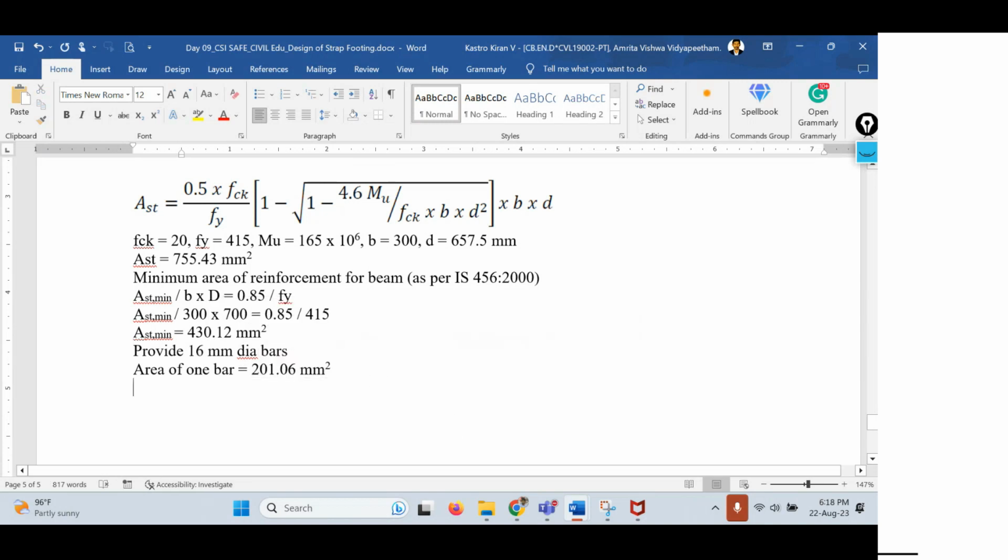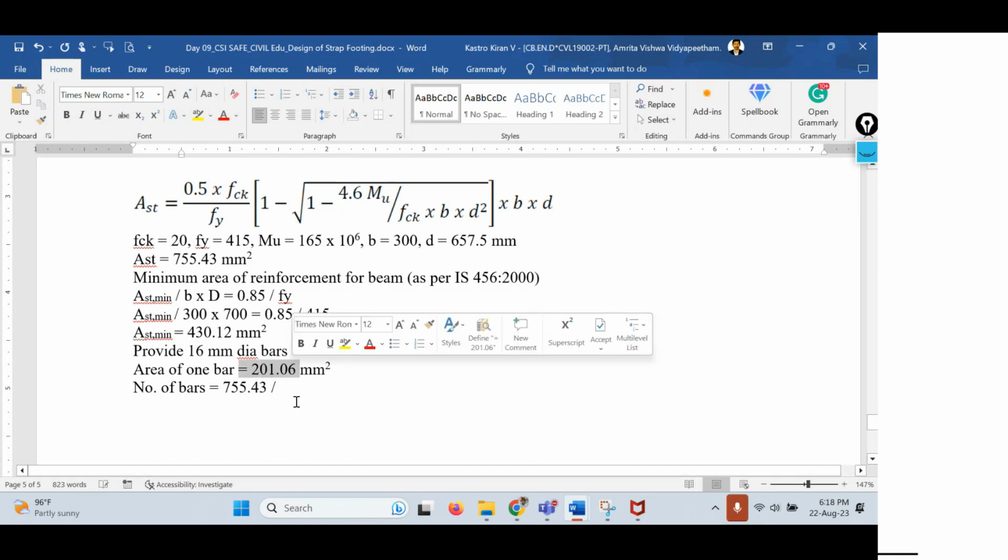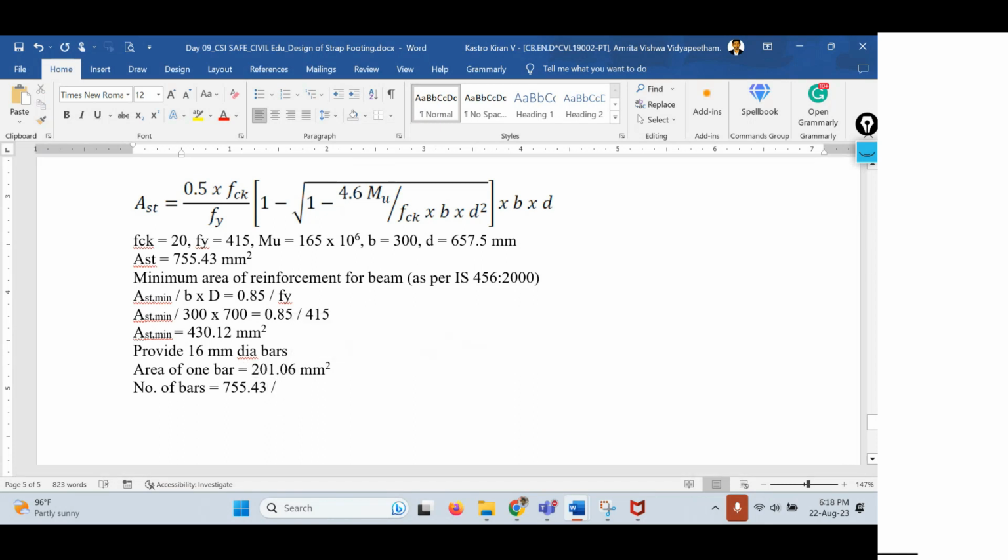So can we find out the number of bars? Yes, number of bars equals total area of steel, that is 755.43, divided by the area of one bar, which is 201.06. If you solve this one, you get the number of bars as 3.75.